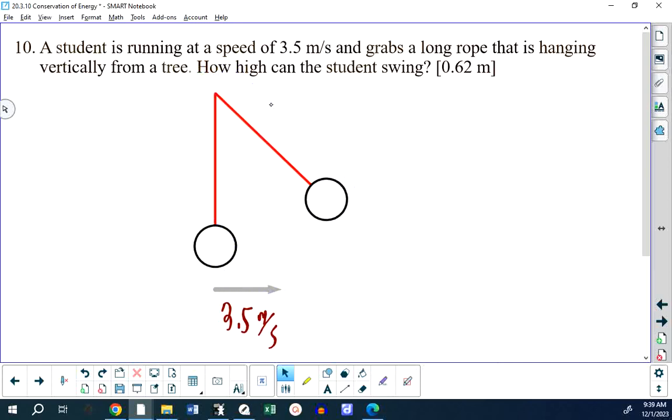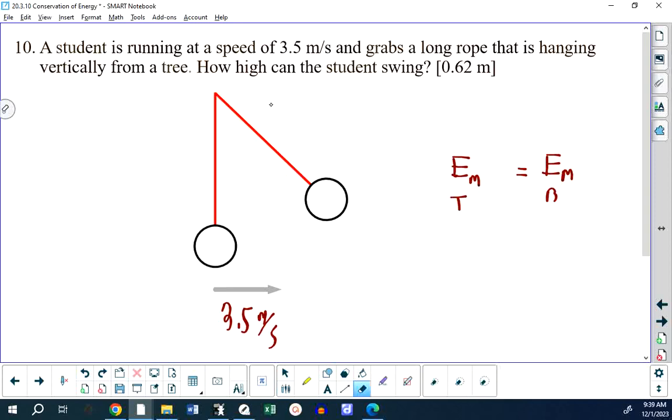There's a relationship between the maximum height of the pendulum relative to the bottom and the speed of the pendulum at the bottom. And we'll get back to this question in a second, but basically the mechanical energy at the top, I'm just going to be doing a lot of abbreviating here, and the mechanical energy at the bottom must be equal.